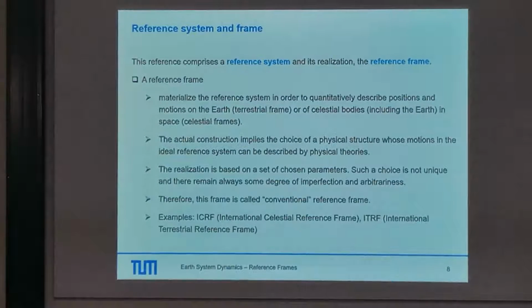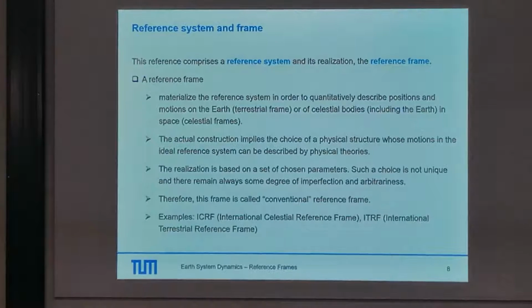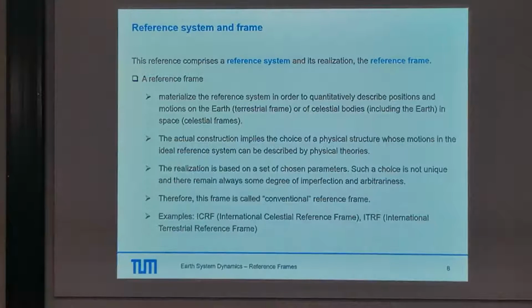Such a choice is not unique, and there always remains some degree of imperfection and arbitrariness. What does this mean? It means that, as we will see afterwards, the reference frames rely on some fundamental physical constants, like the SI units or the speed of light value, which are for sure not perfect, but are the so-called defining constants.